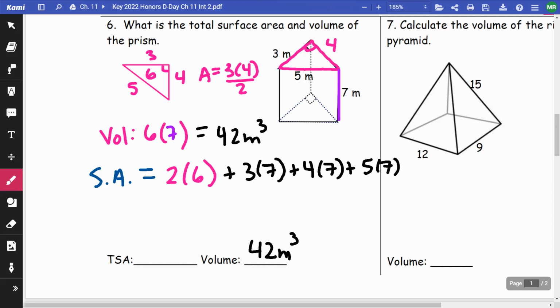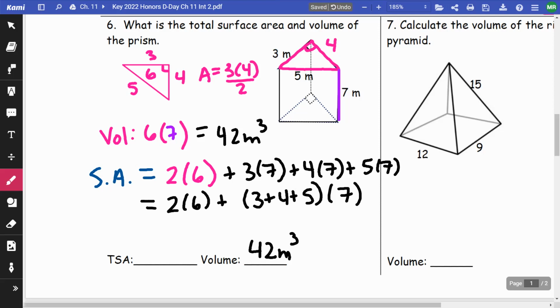And compute that. Another way to think about this is, instead of finding each of these rectangles separately, think about the perimeter of the base. The perimeter of the base is going to be 3 plus 4 plus 5, or basically 12 when I add that up, and times that by 7, and that's the same math.